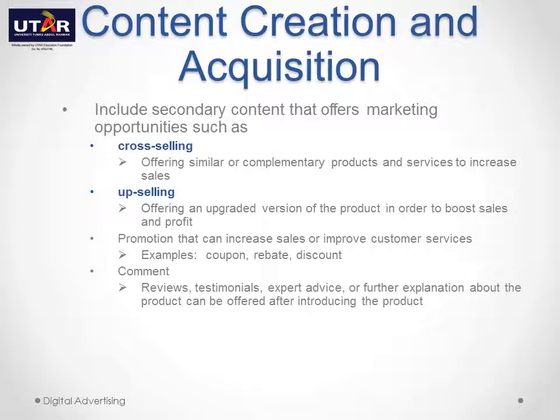These are a few secondary contents that basically provide some marketing opportunities. For example, cross-selling. Cross-selling has to do with a similar or substitute product being offered to increase the particular product sale.